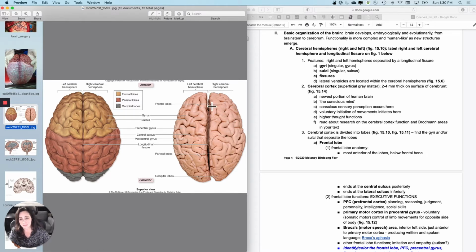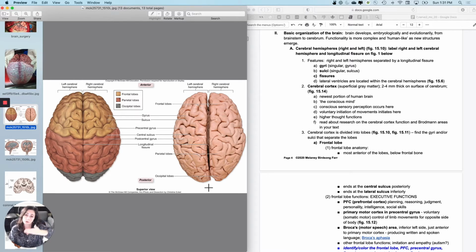And then this big canyon that divides the left and right cerebral hemispheres is called the longitudinal fissure. It's the only one you can see from this view, but there are some other fissures. And just to put this together with stuff that we did a couple of videos ago, the longitudinal fissure would be where the falx cerebri actually was before you pulled it out.